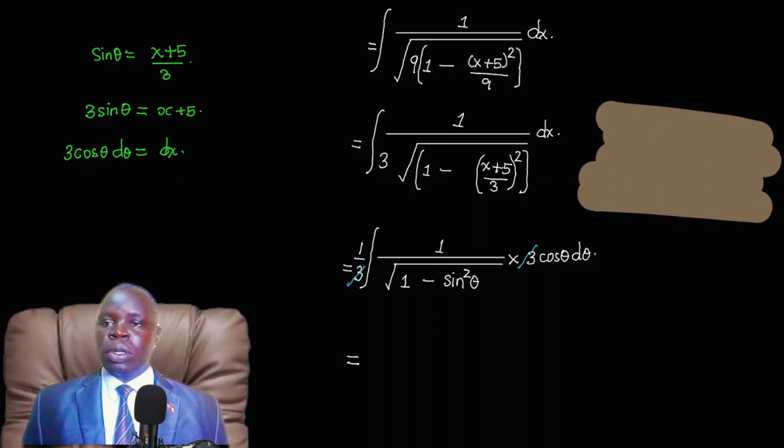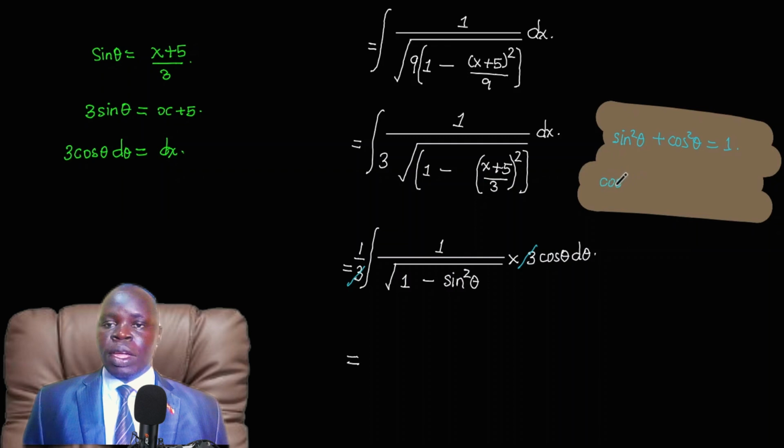So, if you have this identity sine square theta plus cos square theta equals to 1, we can make cos theta the subject.